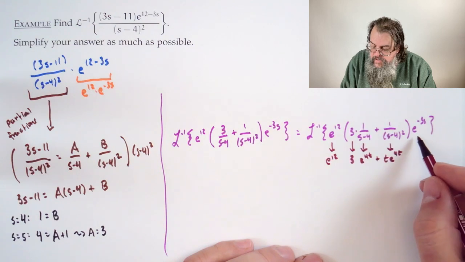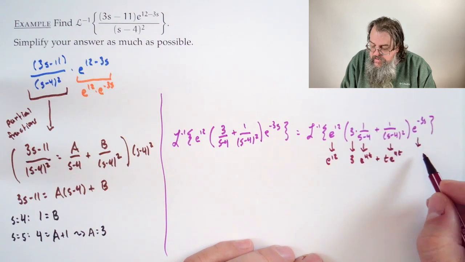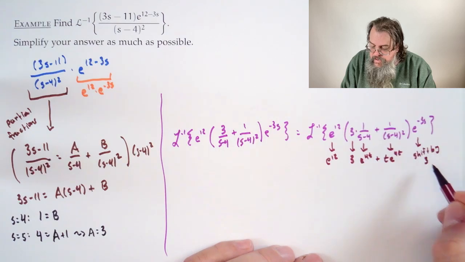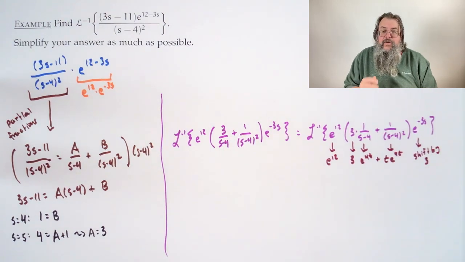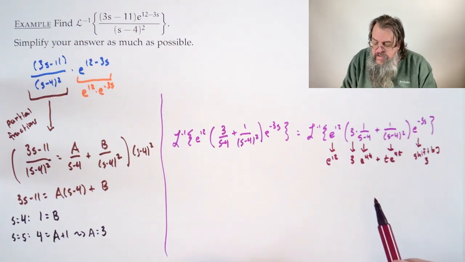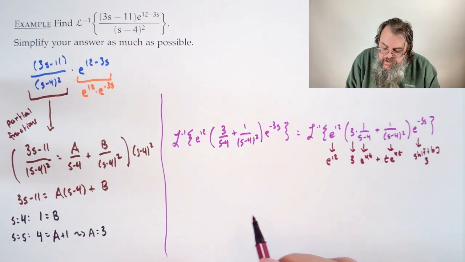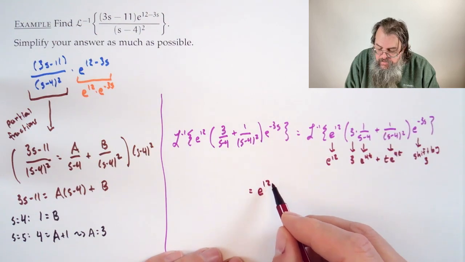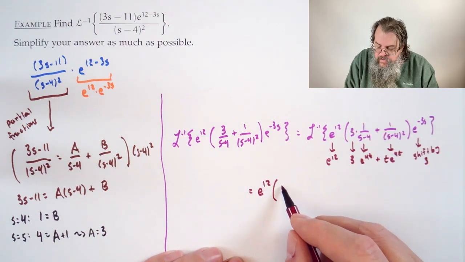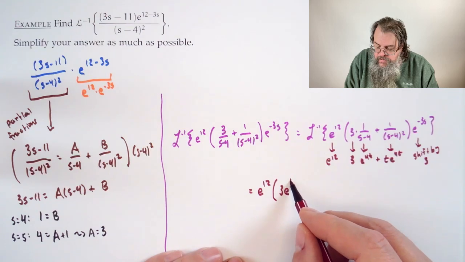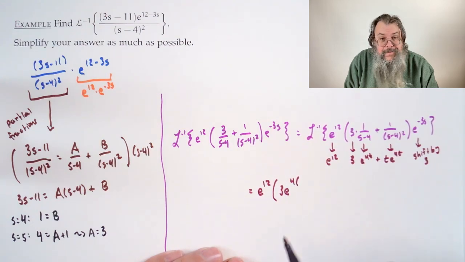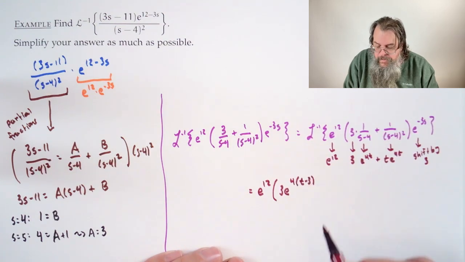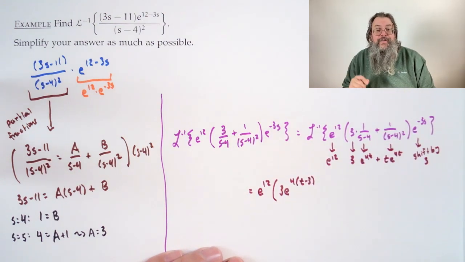Now, this part right here tells us a shift by 3. Okay, so we know what's happening to our individual pieces. So when we put it all together, what do we have? Well, we have e to the 12 times 3e to the 4 parenthesis, because, you know, parenthesis is good, safe, good place to save points, right?